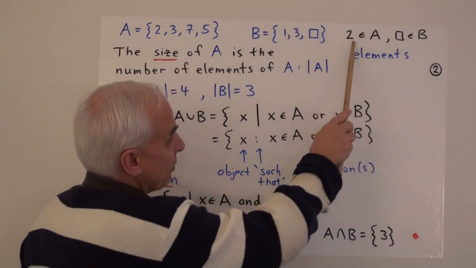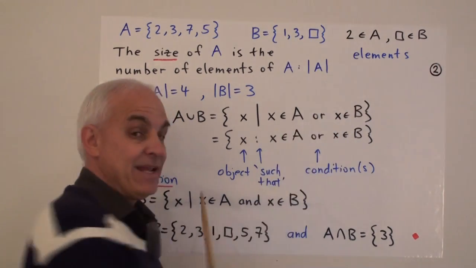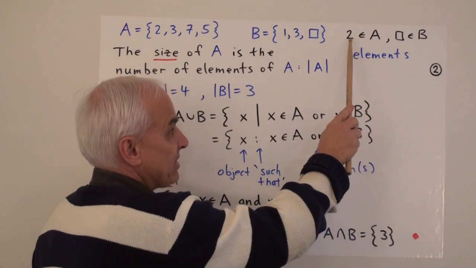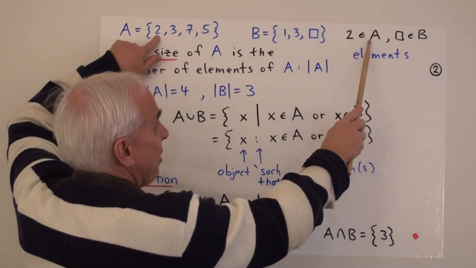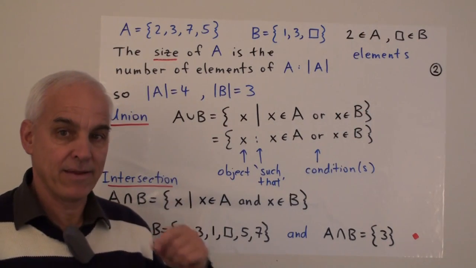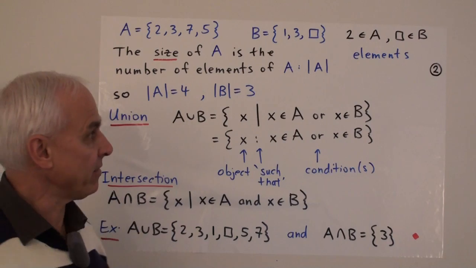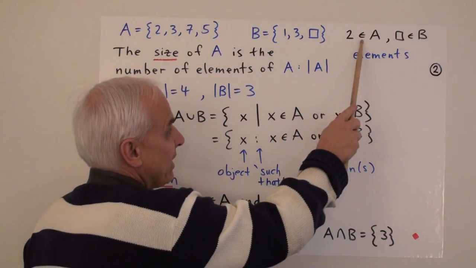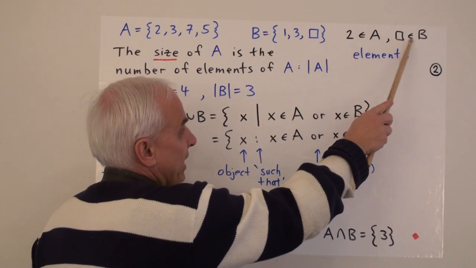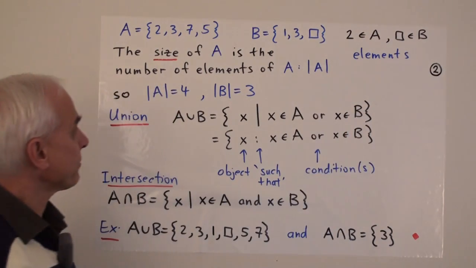Okay, the notation that we use for the things that are inside the set, we call them elements. And we say that 2 is an element of A, written with this symbol. It's like a little Greek E or epsilon. So 2 is in A, means 2 is an element of A, and square is an element of B.